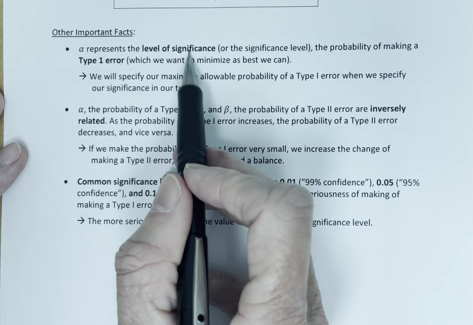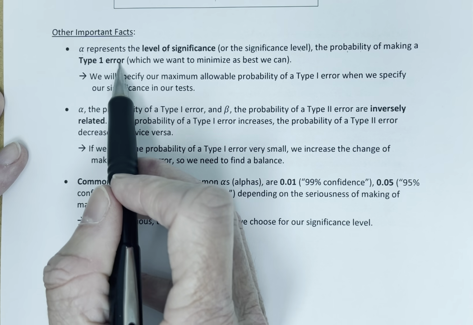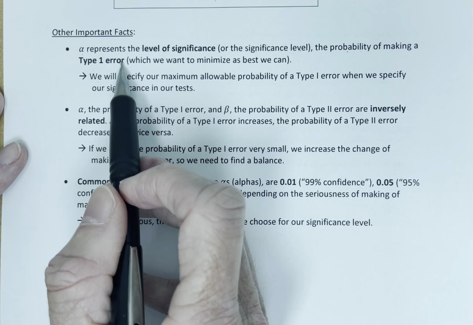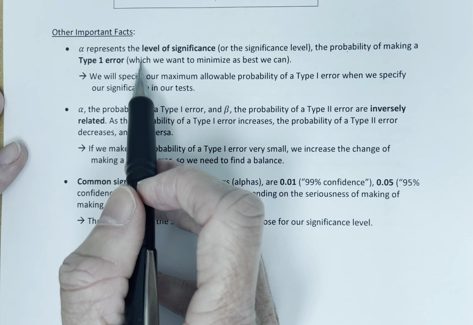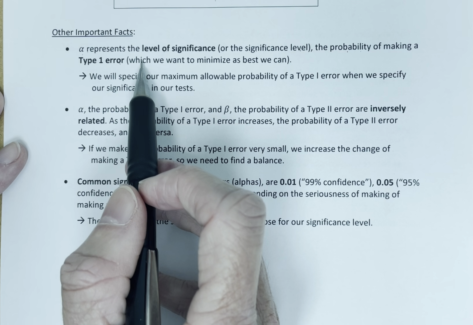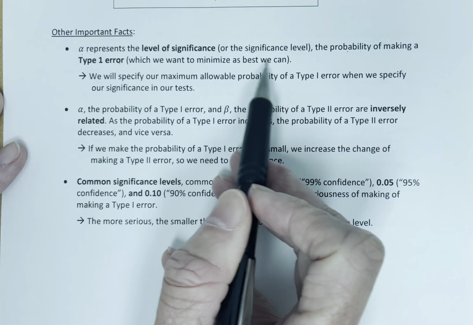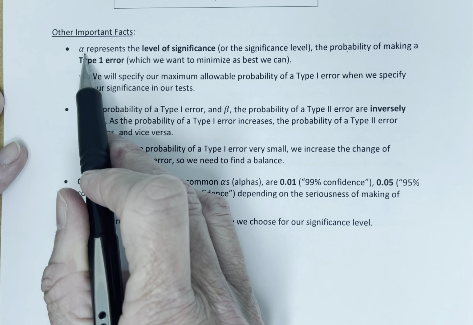Type 1 errors are the worst. Obviously, if someone is innocent and you claim that they are guilty, that is the worst thing you can do in our criminal system. So we're trying to minimize as best we can alpha, the probability of making a type 1 error.